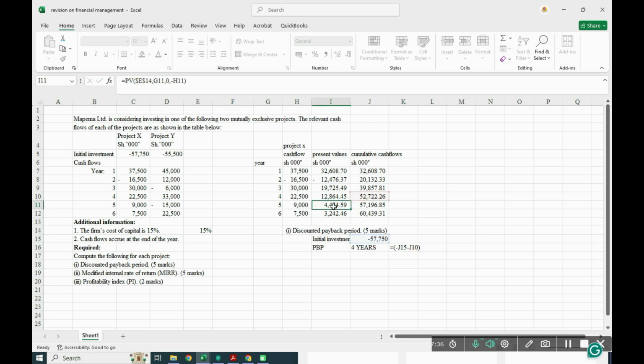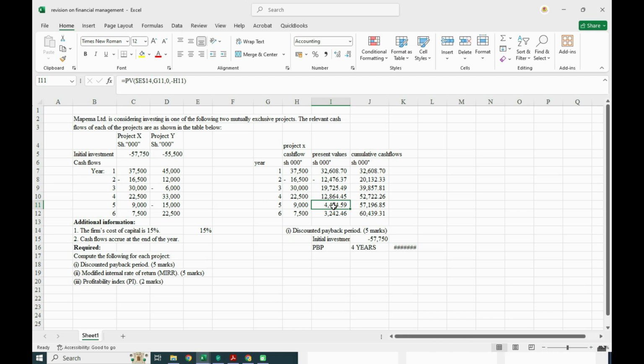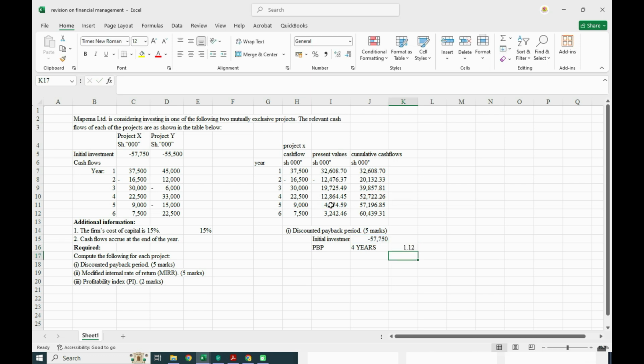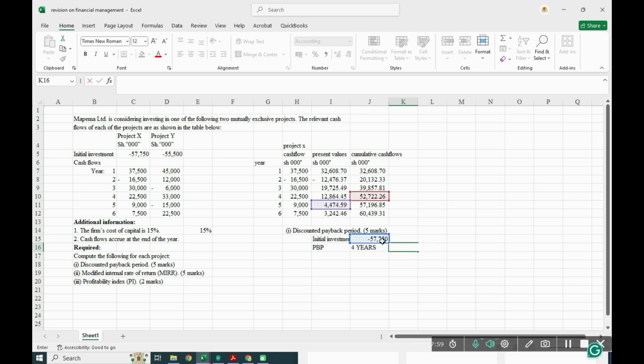Under the discounted for year 5, this one is supposed to be over this value for year 5, which will be 1 point... It's not supposed to be 1.7. It must be a problem, because whatever you are recovering is more.